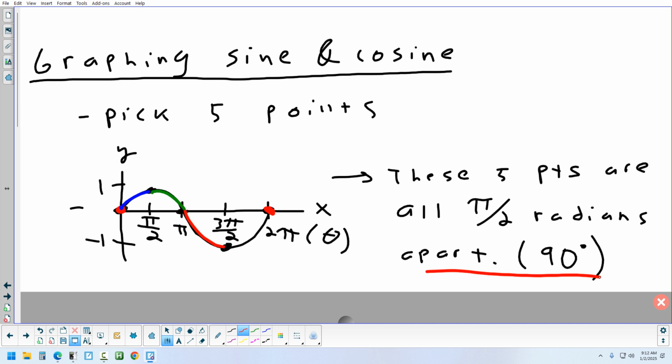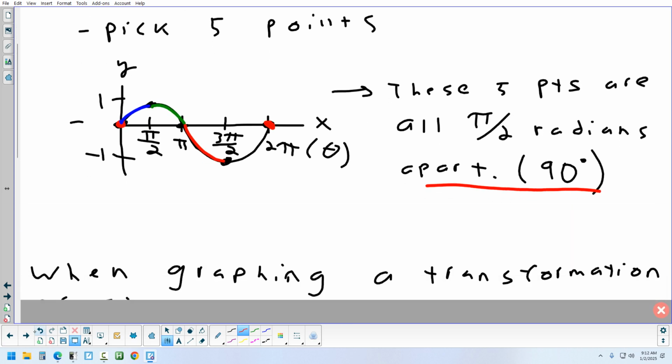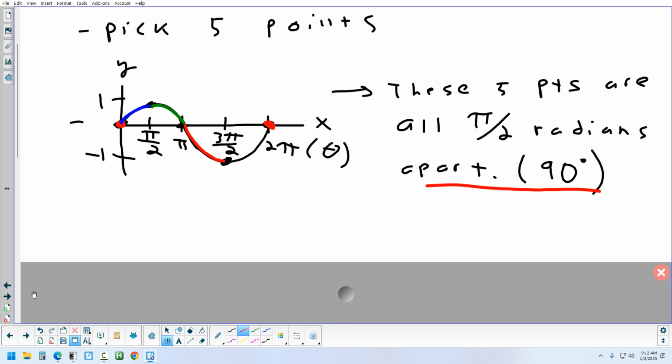Right, and we'll write down what those 5 coordinates are right now. The coordinates that we start with are very important, because every transformation that we do is going to be based on those starting coordinates. So if your starting coordinates are wrong and you shift them, then guess what? Your shifted coordinates are going to be wrong as well.